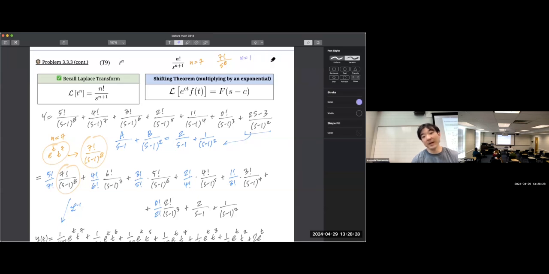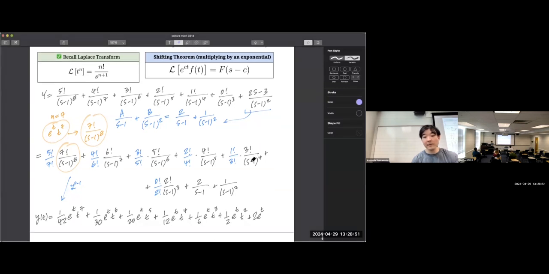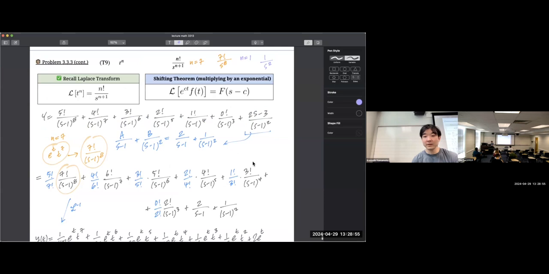If n is equal to 1, it'd be 1 factorial over s squared, which is 1 over s squared. This looks like that, but it's been shifted. So what do you think the answer is? Compute this.